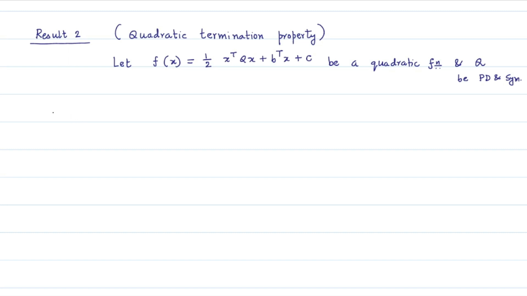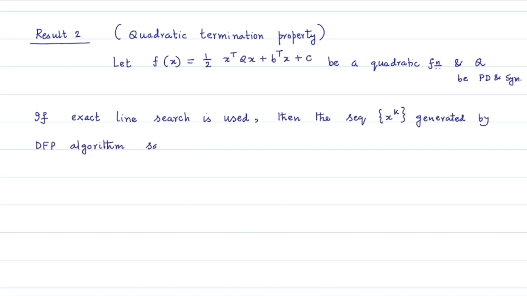Then we can prove that if the step length alpha_k is chosen with the help of the exact line search, then the sequence x_k generated by the DFP algorithm satisfies the following properties.